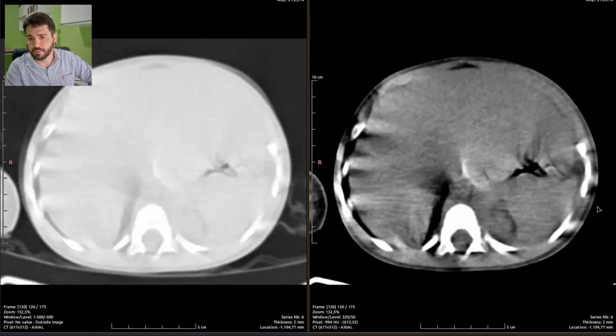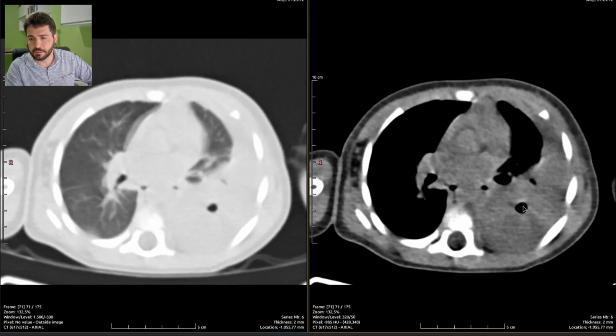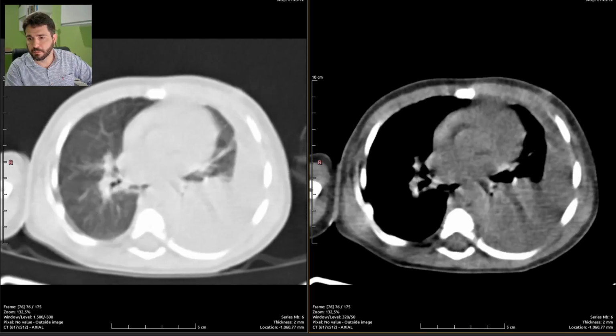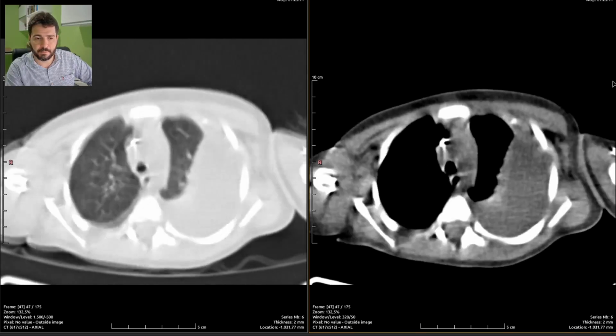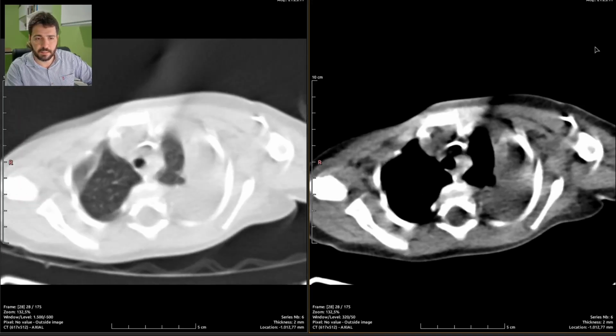She was very badly positioned. Can't really say if this is intrapulmonary or pleural. This is just sad.